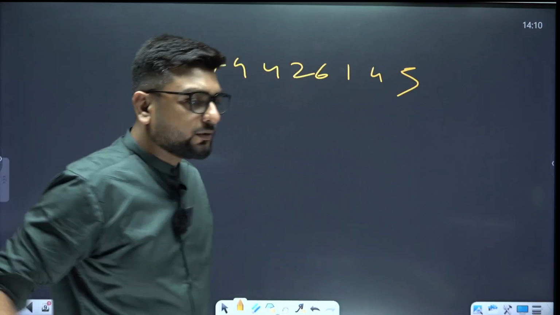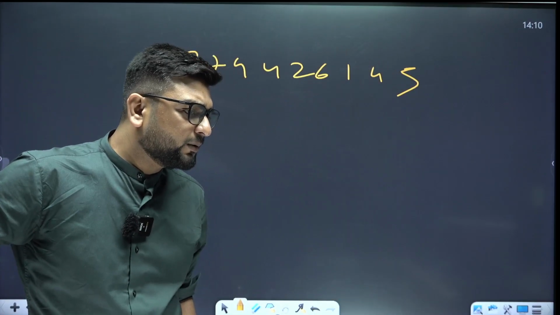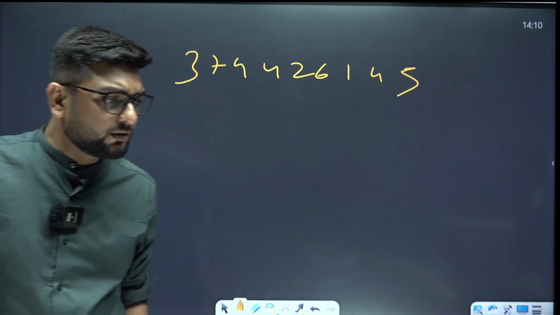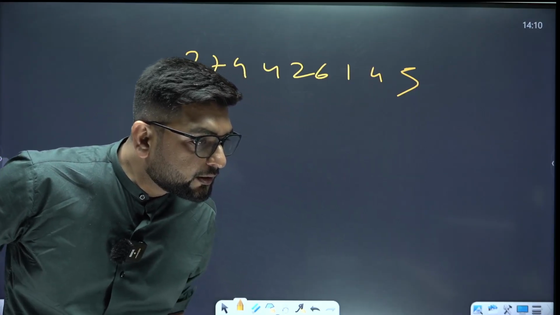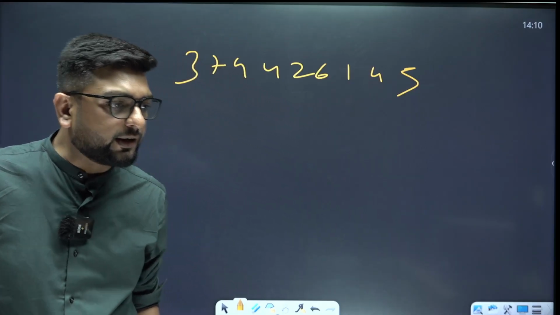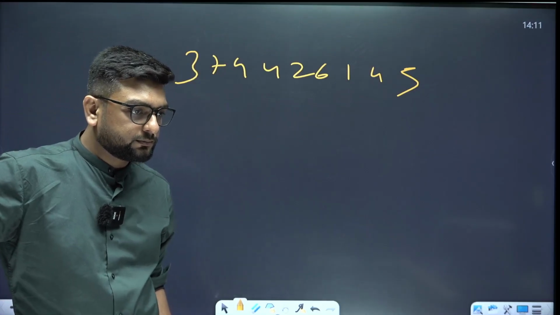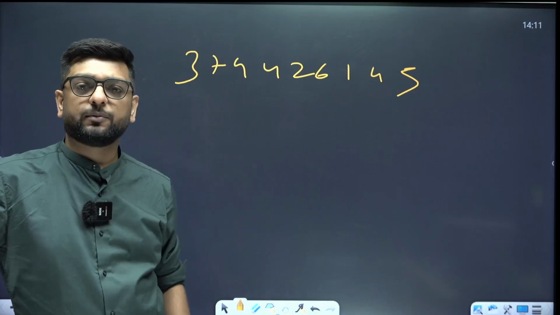11 by 2, find the remainder then. 11 by 2. Okay, let's see. Yes, the remainder is 2. 8 by 3, the remainder will be 2.